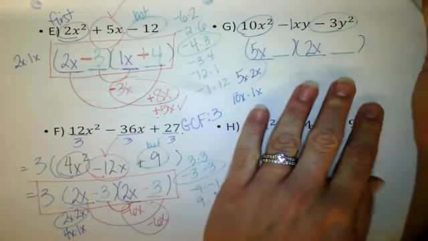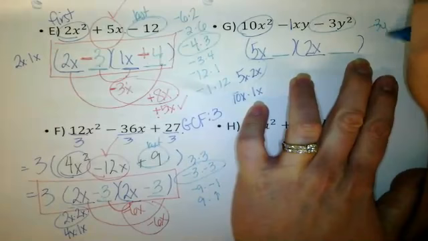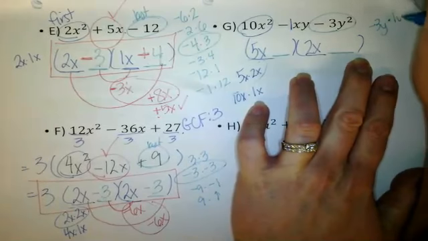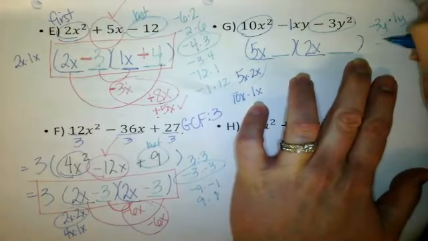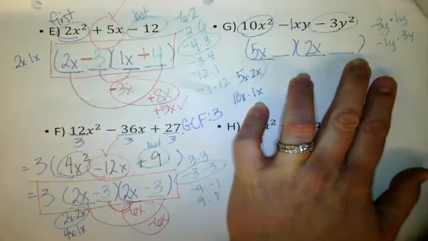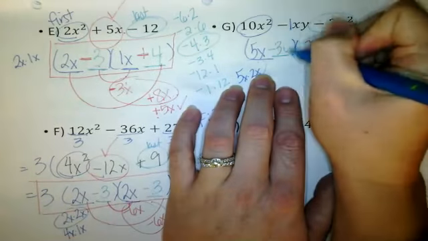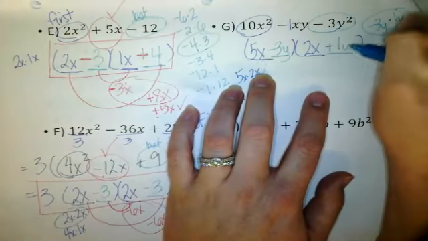What times what is negative 3y squared? Negative 3y times 1y. Negative 1y times 3y. And that's it, right? Those are only options? All right, what do you want to try? Negative 3y and 1y. All right, negative 3y and positive 1y.